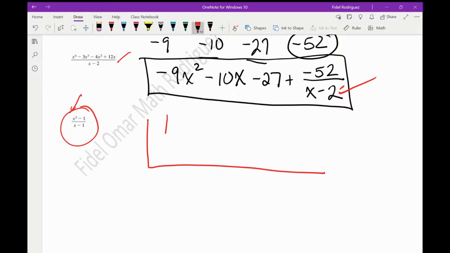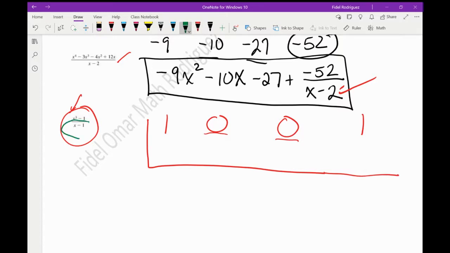Because I don't have an x squared, and because I don't have an x, it doesn't mean that they're not there. It just means that the numbers in front of them happen to be 0. So this here is really the number in front of my x squared, and this here is really the number in front of my x, okay? And I gotta put them there because they're kind of like placeholders, okay?